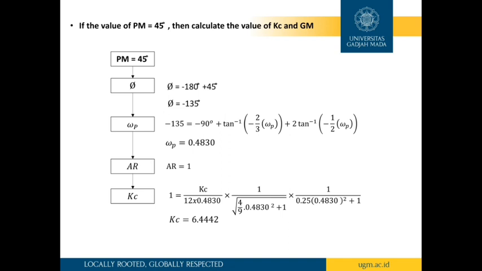With AR equal to 1 and omega P equal to 0.48, we can get Kc equal to 6.44.